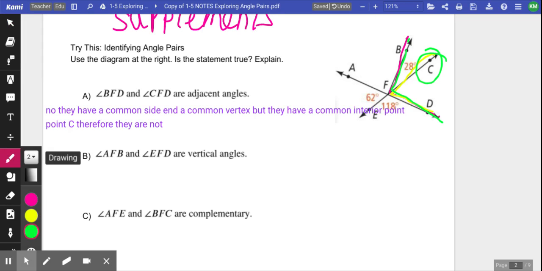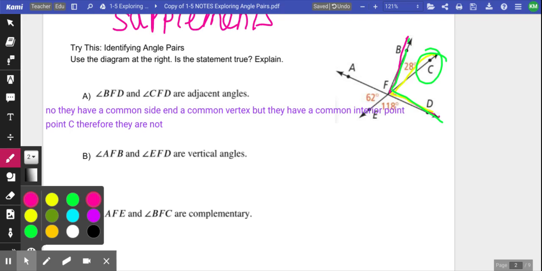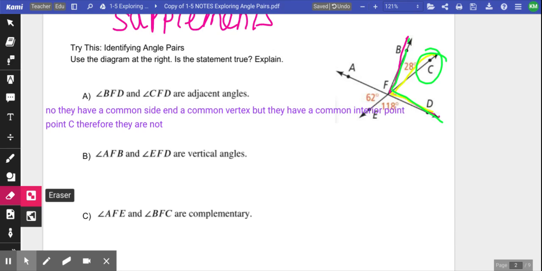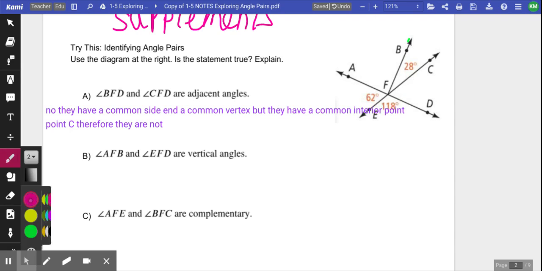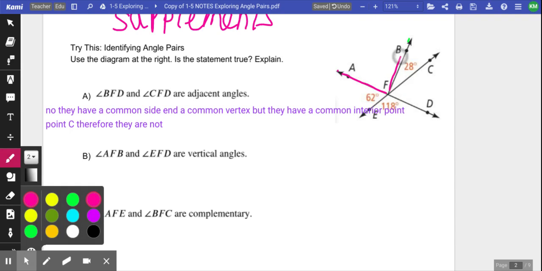We have ABF and EFD are vertical angles. Let me erase. So AFB and EFD. So are these vertical angles?